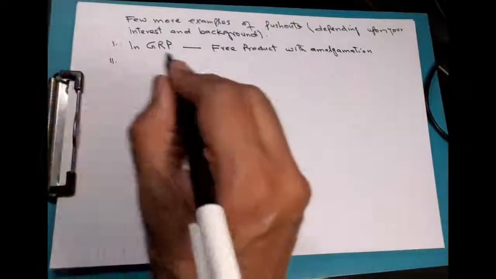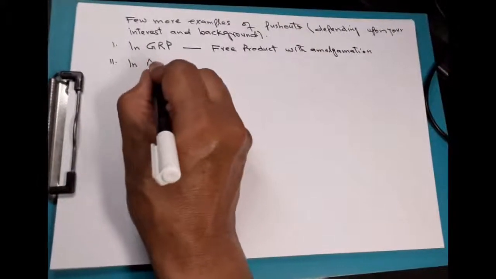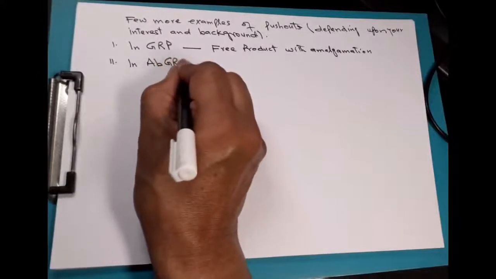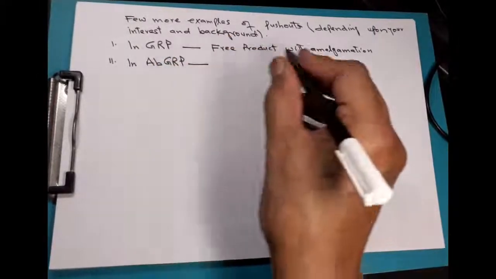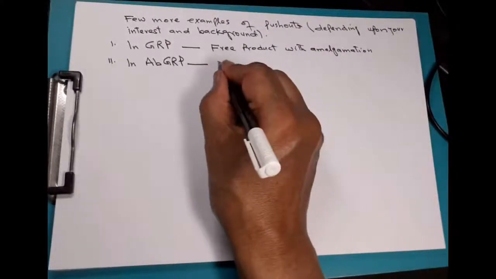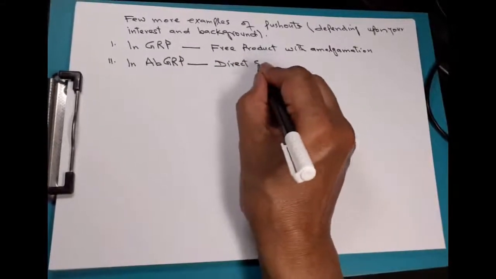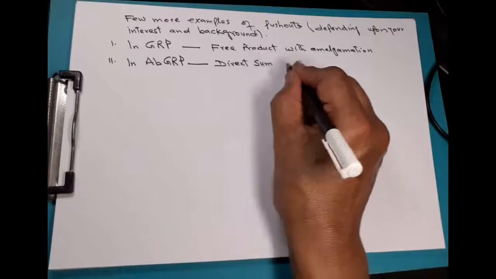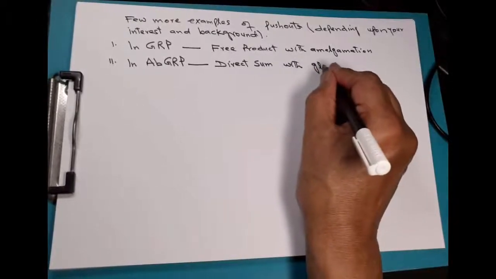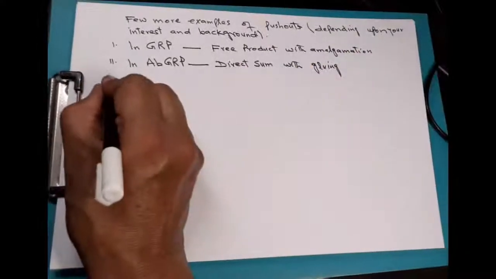Secondly, in the category of abelian groups, direct sum with gluing. This is an example of push out.